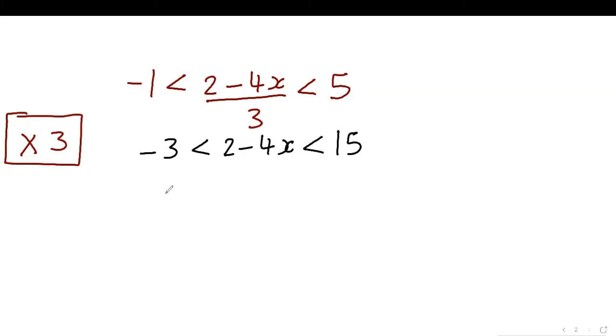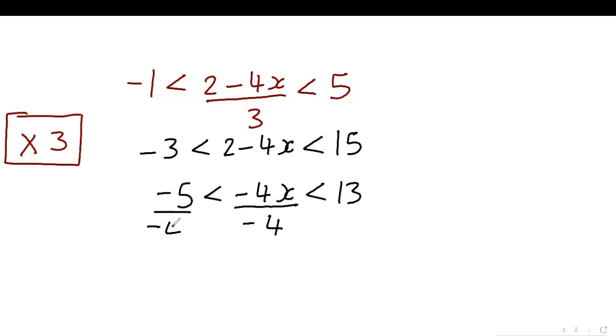Once I get this, I need x in the middle. So I subtract 2 from both sides to get -5 is less than -4x, which is less than, subtracting 2 from this side, 13. Now we need to have x as the subject, so we're going to divide by -4. But here's something that you must know about inequalities.